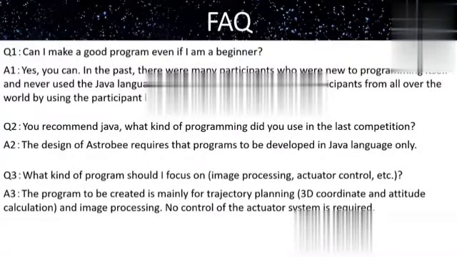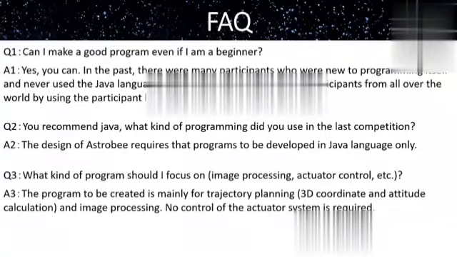The third question is, what kind of program should I build? Image processing, actuator control, etc. The programs to be created are mainly for trajectory planning, 3D coordinate and attitude calculation, and image processing.